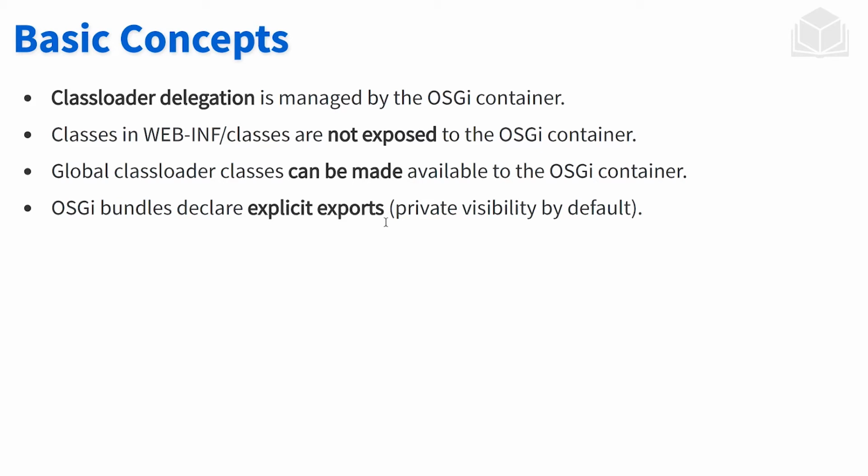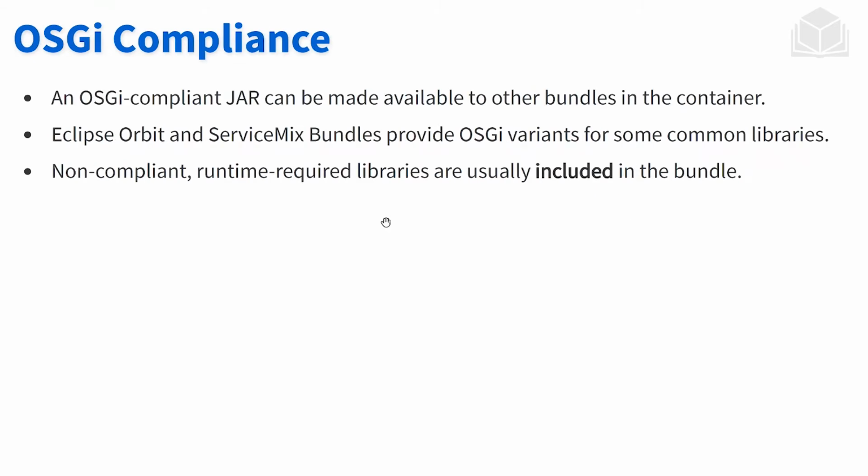When we have an OSGi bundle, we have to explicitly declare our exports. So within that bnd.bnd, we must declare the export, even if we bring in the whole OSGi bundle. If we do not declare the export, then that dependency may not be available to our project.